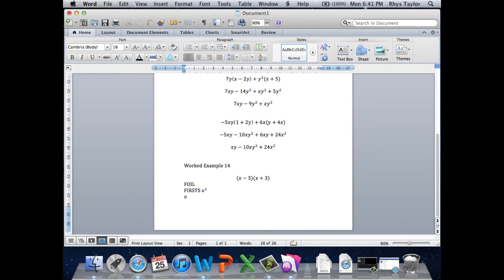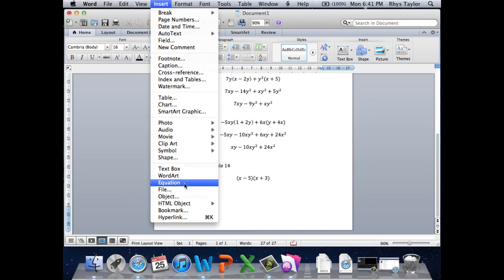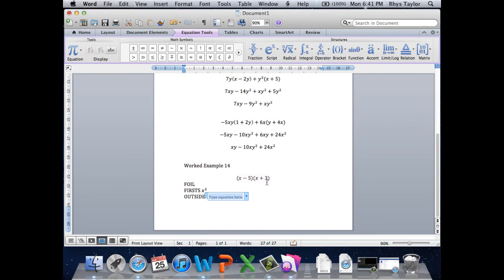Then I do my outsides. So that's each part on the outside of my bracket. So that's on the outside, that's on the outside. Which gives me what? x times 3 is 3x.